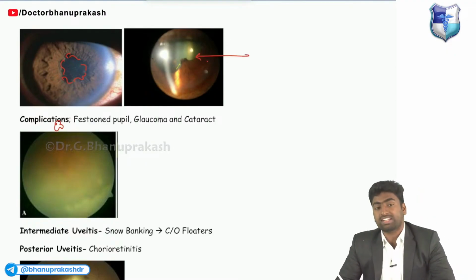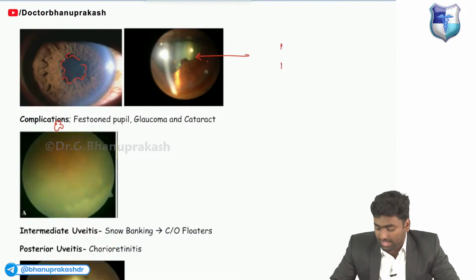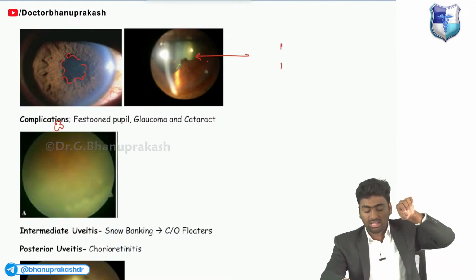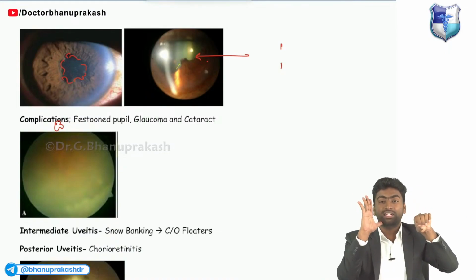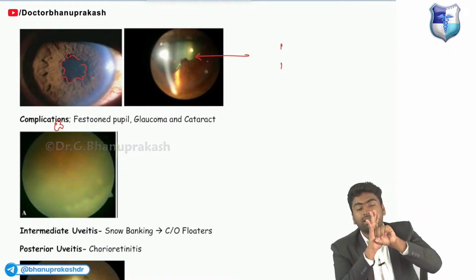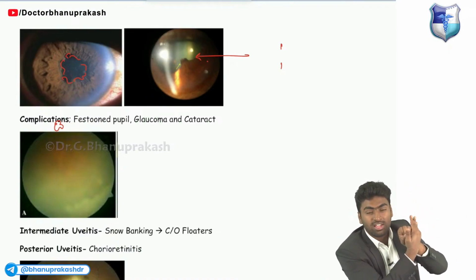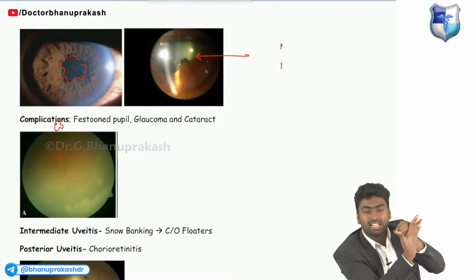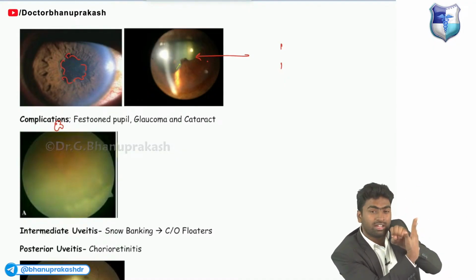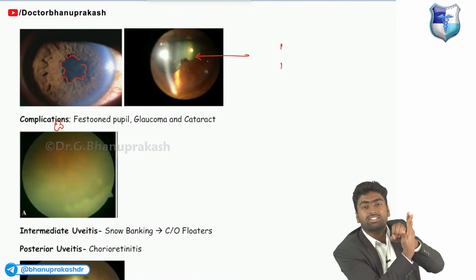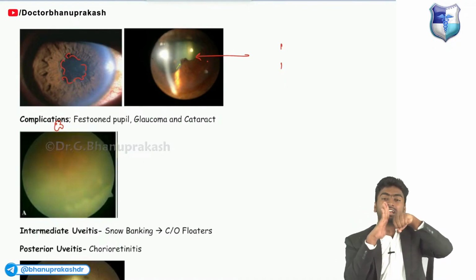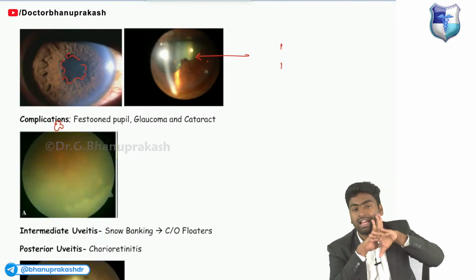Sometimes after inflammation, the iris, with the anterior chamber anterior to it and the lens posterior to it, can attach to the lens posteriorly, causing posterior synechiae, or attach anteriorly, causing anterior synechiae.